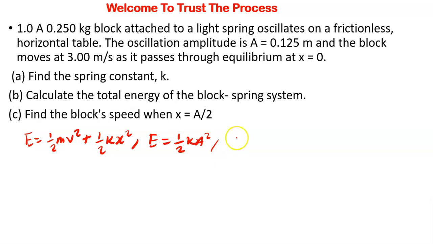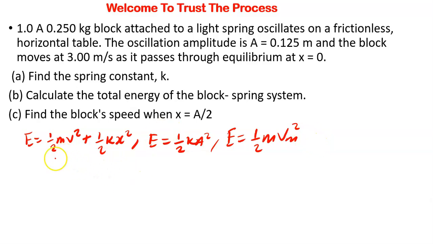Then the third one, we say mechanical energy is equal to 1/2 m v_max². This equation is also the total energy of the spring at the equilibrium point. When x = 0, the block attains its maximum velocity.